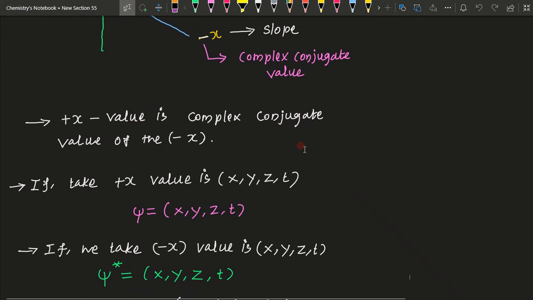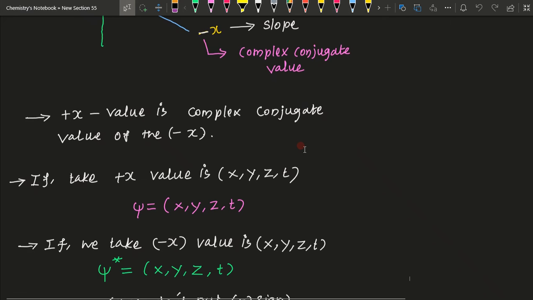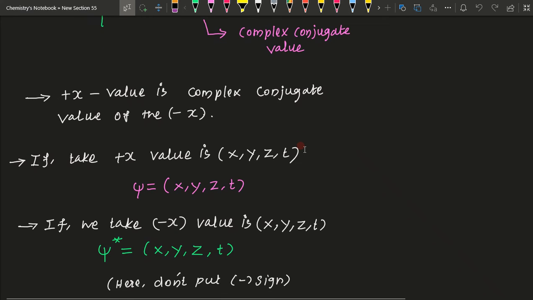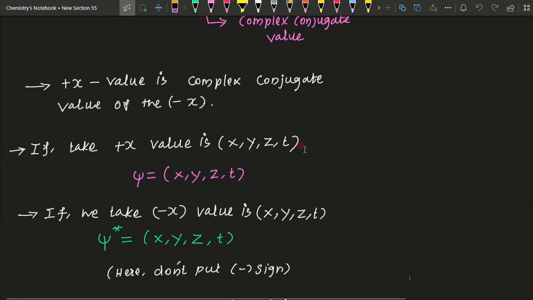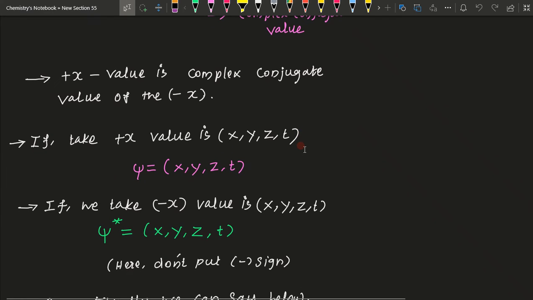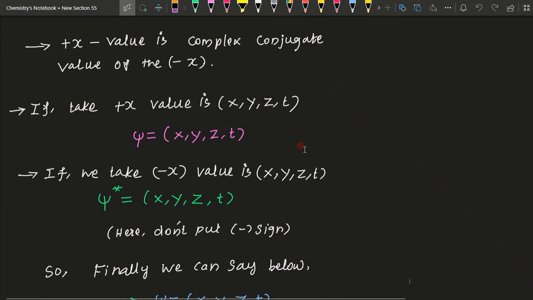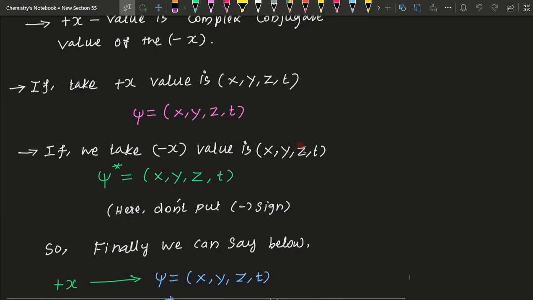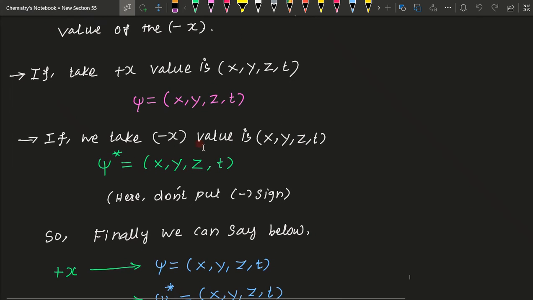If we take plus x values x, y, z, t, so psi equals x, y, z, t. If we take minus x values x, y, z, t, here we should give a star, and we do not give minus i.